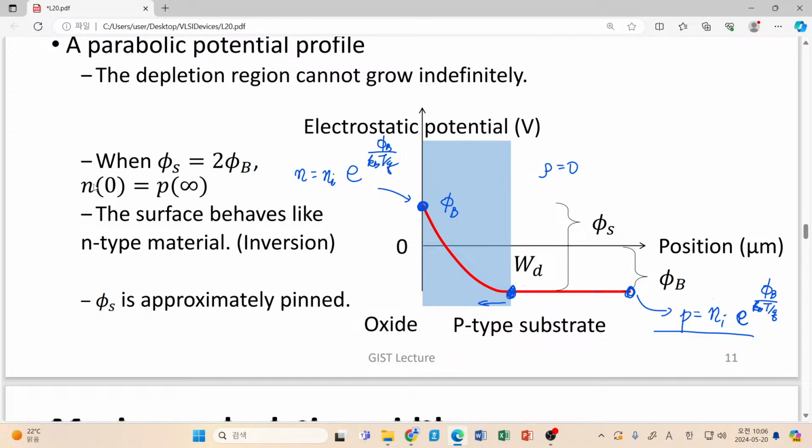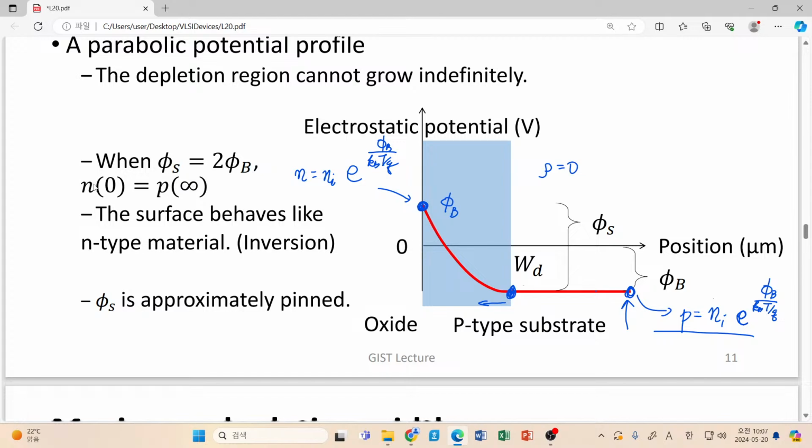Simply speaking, what I did is, position-wise we have a different potential. So electron density is Ni times exponential of potential divided by thermal voltage, and I also applied the fact that hole density is given by Ni times exponential of minus potential divided by thermal voltage.